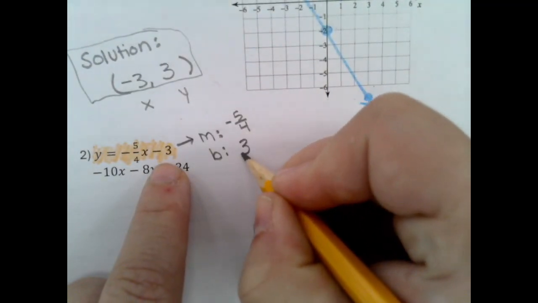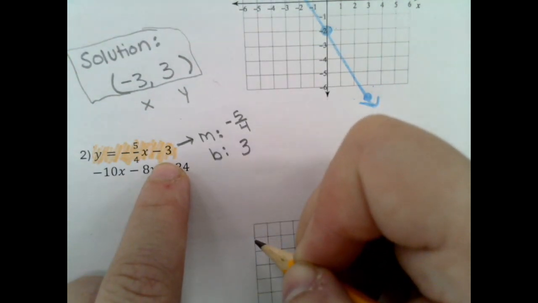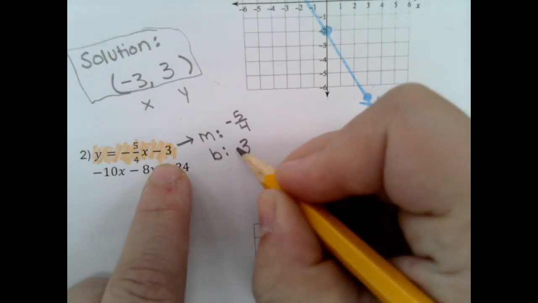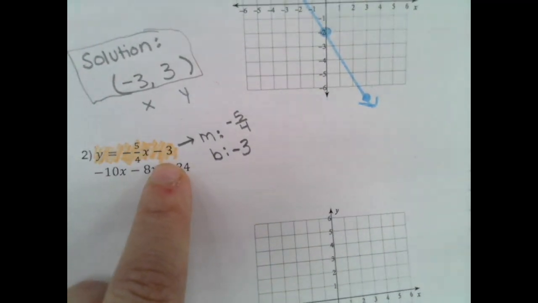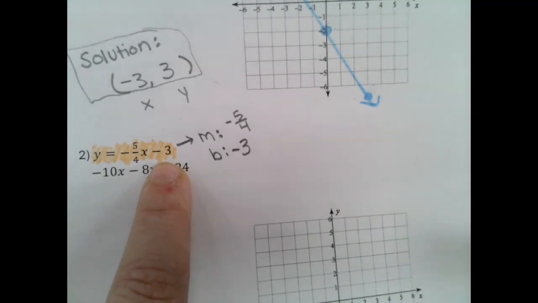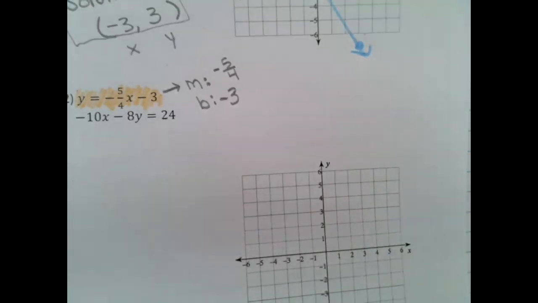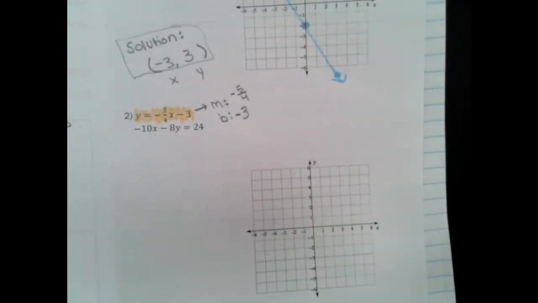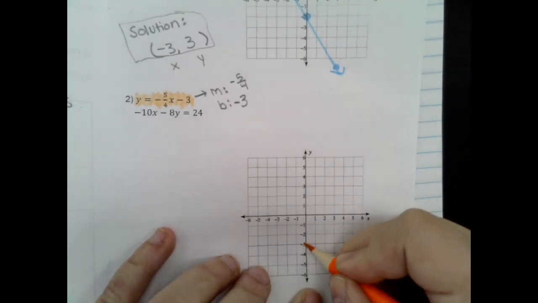Positive or -3? Yeah, -3 because it's a minus. So -3. So as I graph this one, I'm going to start on my y-axis at -3. So on my graph, I go down to -3.